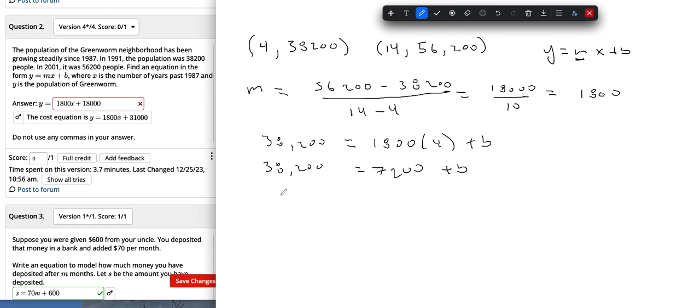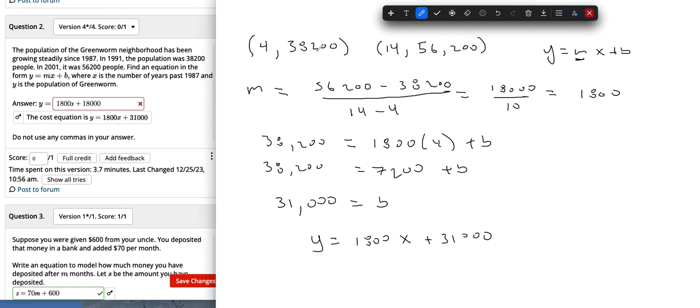When I subtract that over, we get 31,000 for b. So our equation would be y equals 1,800x plus 31,000. You don't have to type the y equals part, it's already there in front of the box. What we just figured out was that in 1987, at year 0, the population was 31,000.